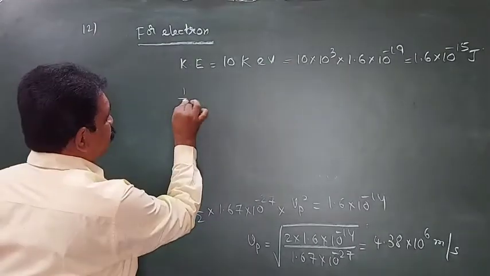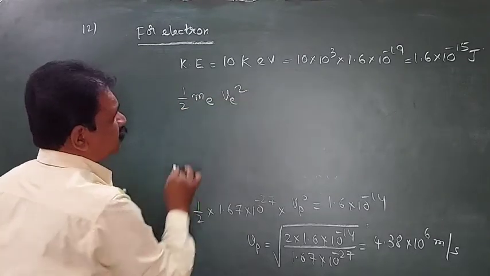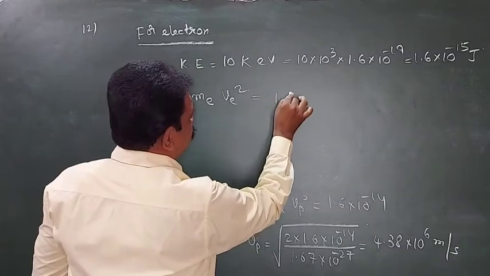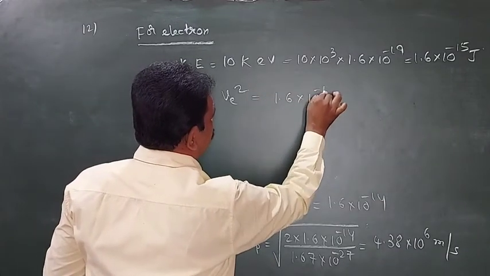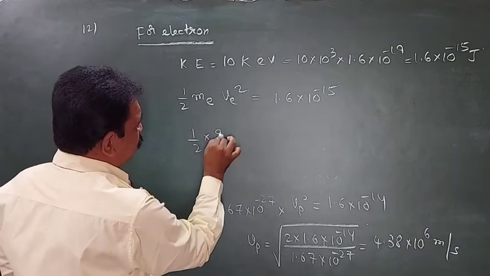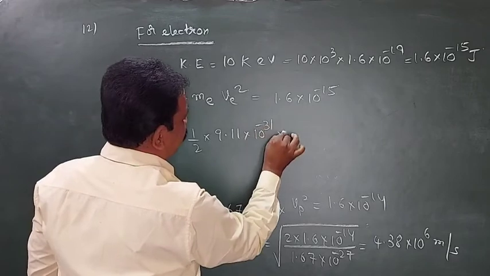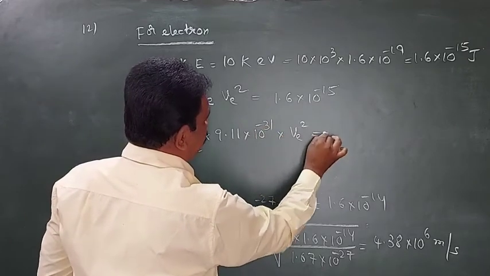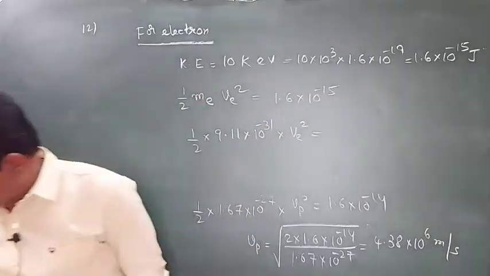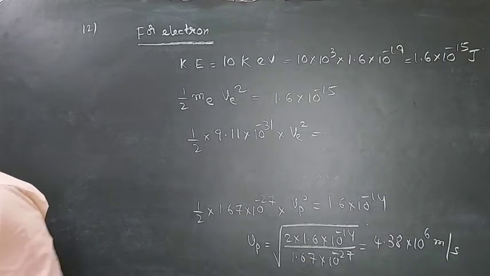So half m_e v square is equal to 1.6 into 10 power minus 15, which is 1 by 2 into 9.11 into 10 power minus 31 into V square. They gave the mass of the electron as 9.11.